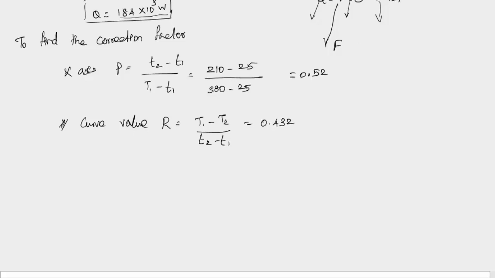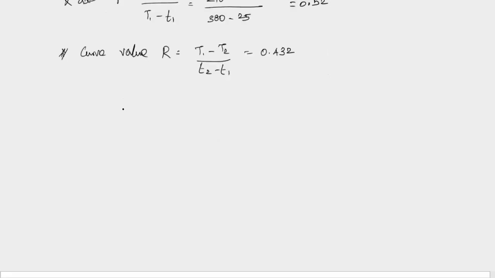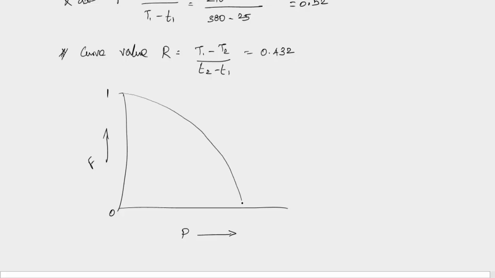0.432. Now we have to choose the value of F. This is the graph given in your data book, and here the P value is given. So in the x-axis P value is given, in the y-axis F value is given, and in the curves, R values. The correction factor is 1 here, this is 0, and from this the curve is plotted like this. Now just find the value of P, 0.52.